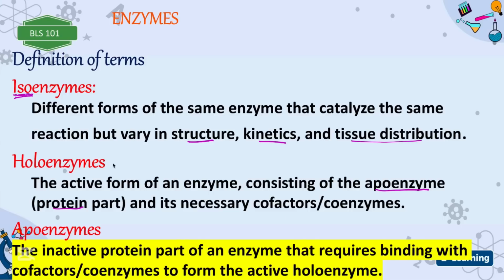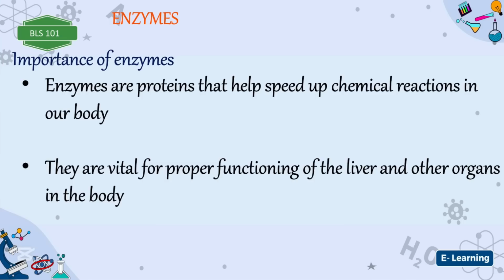The holoenzyme now is equal to apoenzyme plus cofactor. Is that okay? Apoenzyme plus cofactor, you form the holoenzyme. Is that understood? Apoenzyme standing on its own is the inactive form of it. So that is the differences between them.